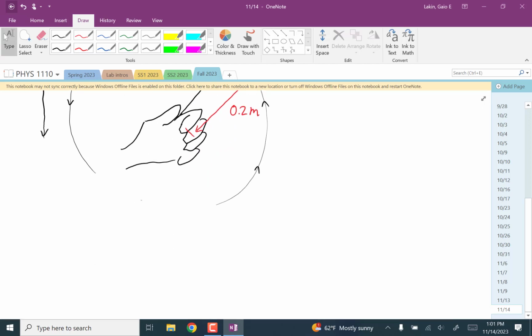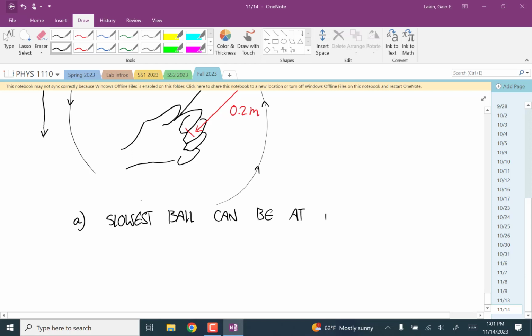So first, we want to calculate what's the slowest the ball can be moving at the top of the circle to maintain circular motion. We did an example like this once a couple weeks ago.